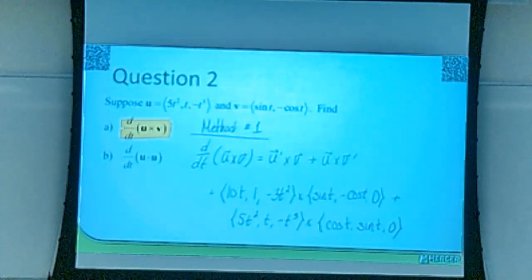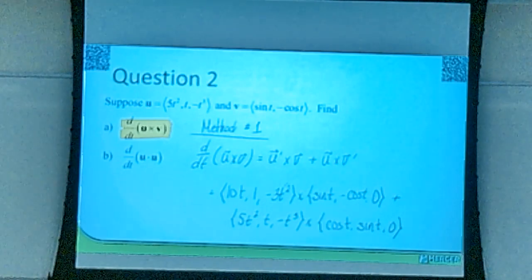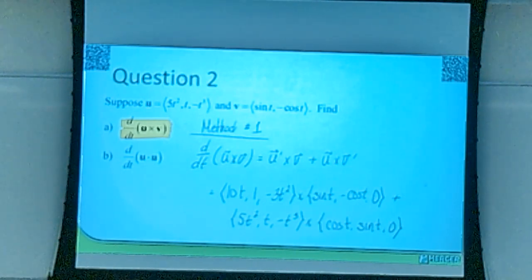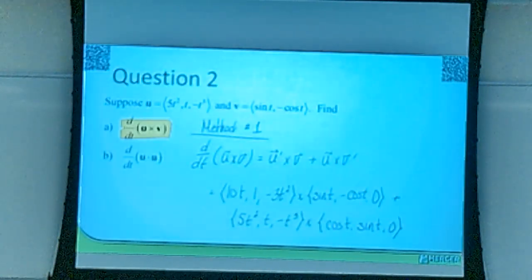Second component, negative 3t squared sine of t minus 0. Third component, negative 10t cosine of t minus sine of t.